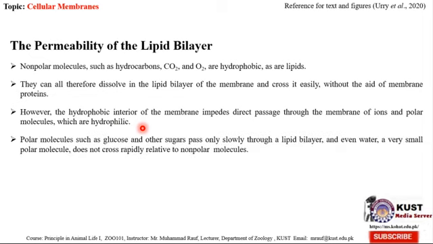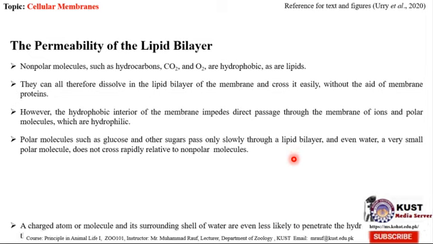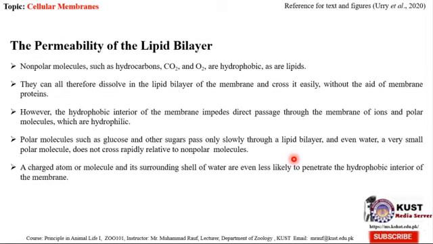So what will happen? Polar molecules such as glucose and other sugars pass only slowly directly through the lipid bilayer. Therefore these molecules are transported through specific channels.